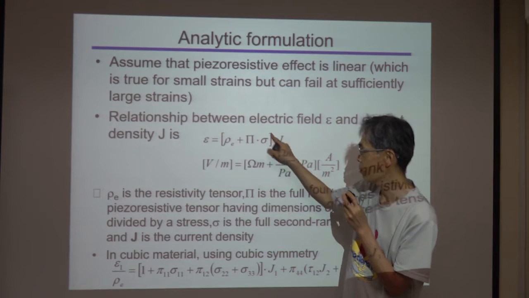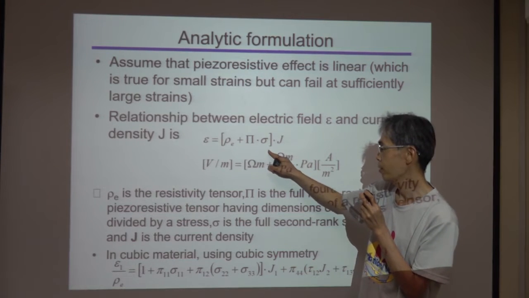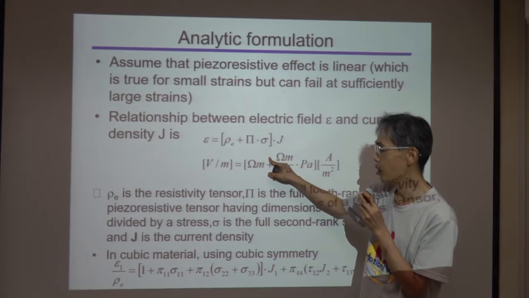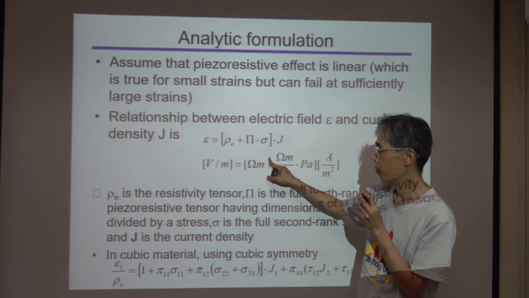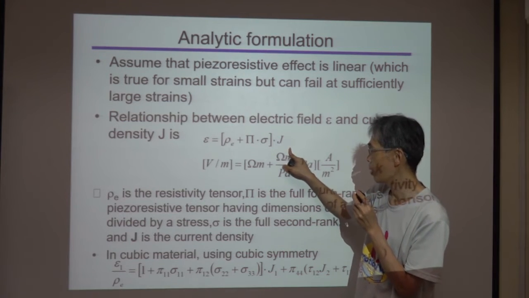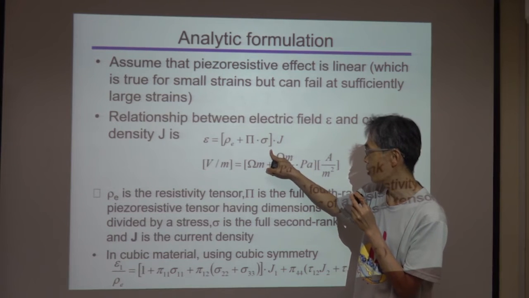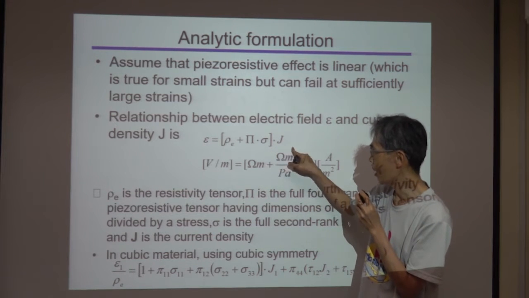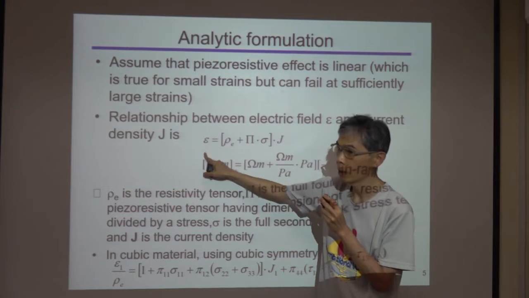So if this one is a 3 by 1 vector, this one is a 3 by 1 vector. So this one must be 3 by 3. So 3 by 1, 3 by 3. 3 by 3 times 3 by 1, the result is 3 by 1.